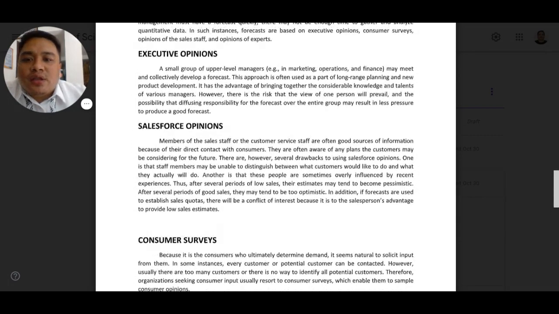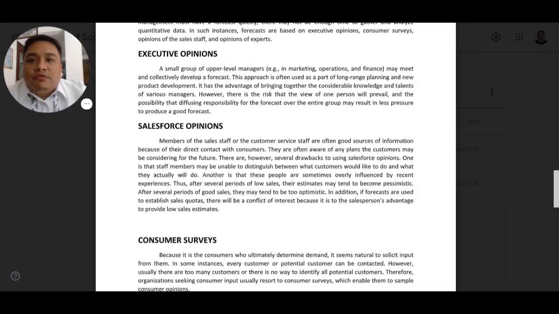Then the next one is Salesforce opinions. The Salesforce opinions come from the members of our group on the marketing aspect. Members of the sales staff or consumer service staff are often good sources of information because of their direct contact with consumers. Their forecast is based on their experiences and on what they gather from the customers.